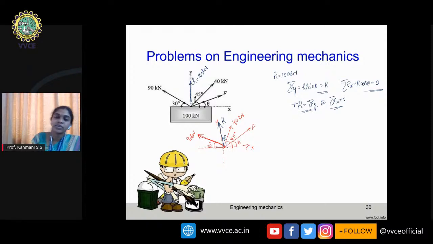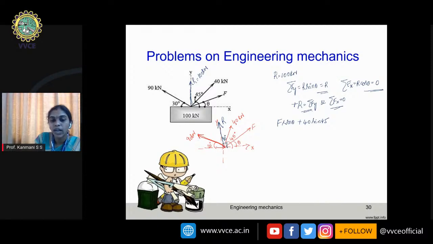Let me take the first equation, R equals summation Fy. I have to take all the vertical components. The vertical component of F is F sine theta. The vertical component is the one not adjacent to the angle, it is always opposite to the angle, so I take all the sine components. Then we have 40 kilonewton, which is moving above the x-axis, a positive y direction, plus 40 sine 45.